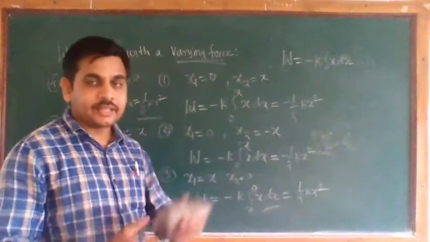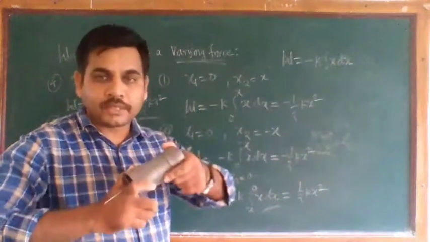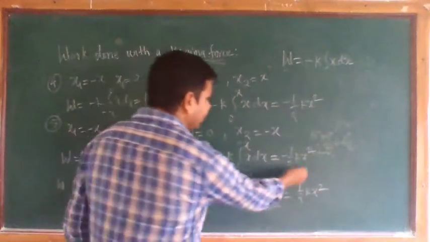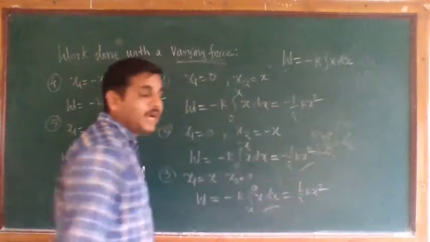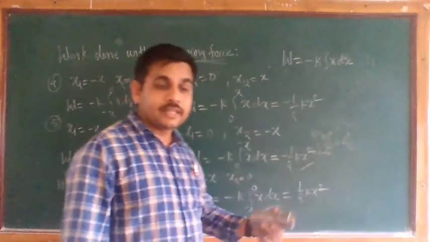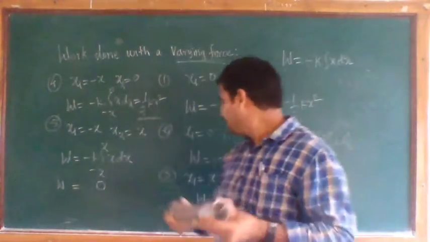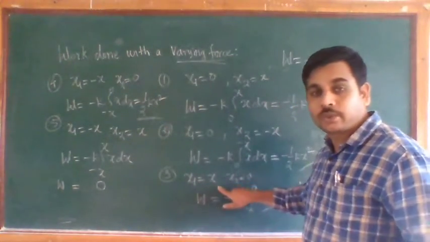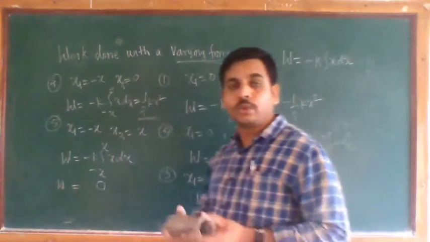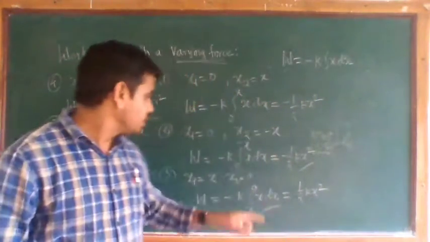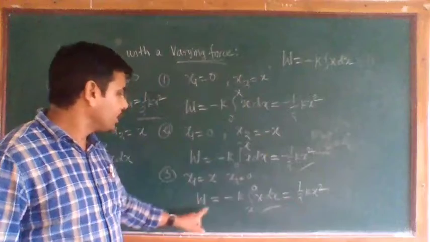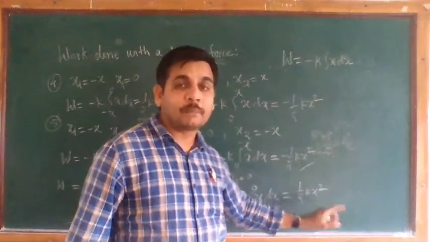In the second, natural state to compressed state, again you get minus 1/2 kx square. In the third case, the first condition is a stretch condition, so x1 is equal to x, and x2 is at the natural condition, so x2 is equal to 0, and you get total work done 1/2 kx square.